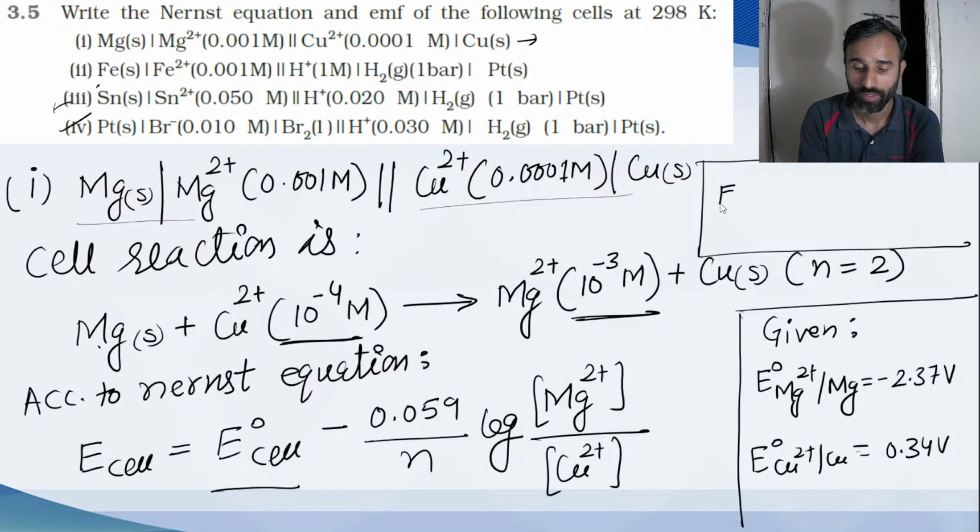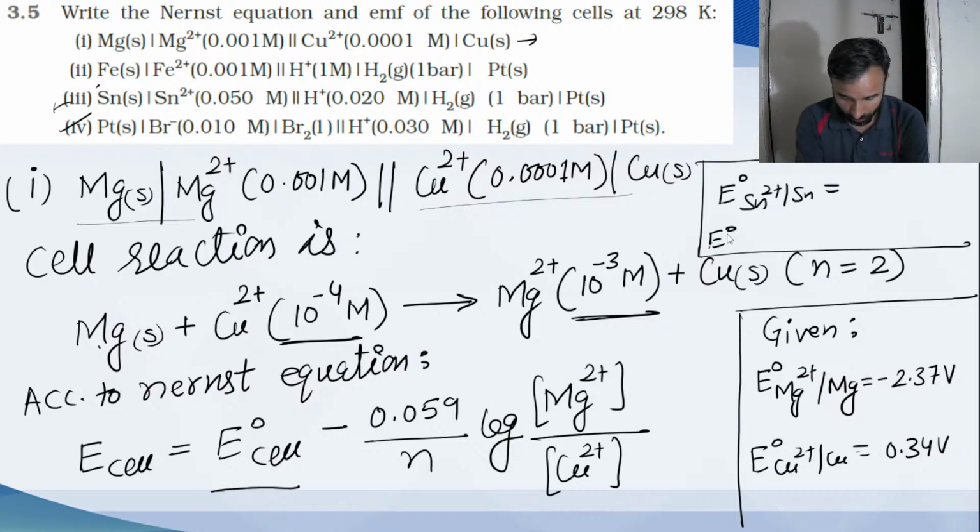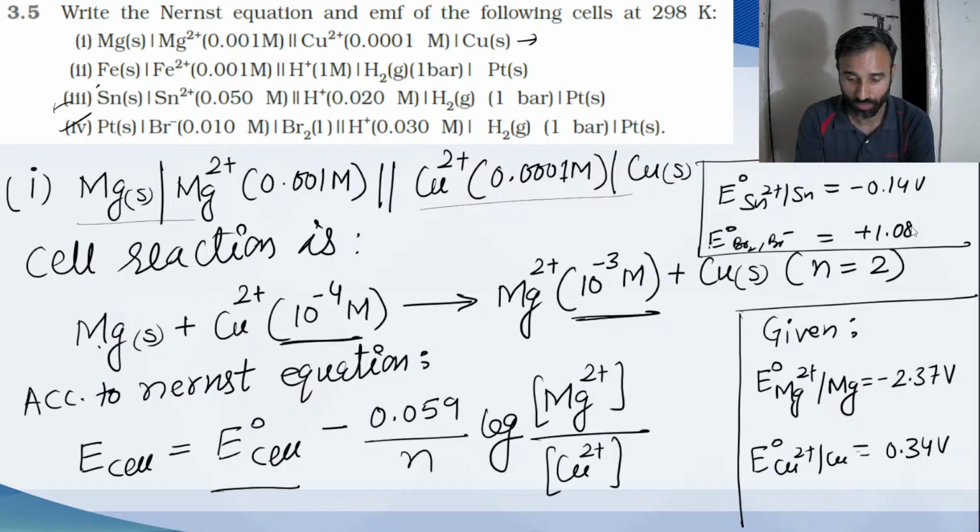E naught of Sn2+/Sn is minus 0.14 volt and for Br2/Br minus it is plus 1.08 volt.